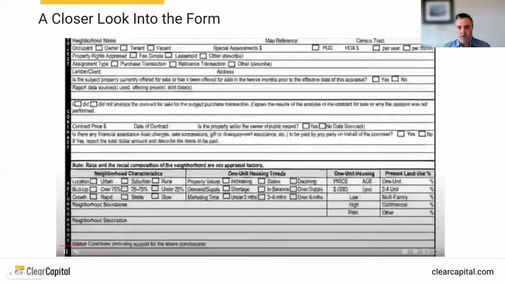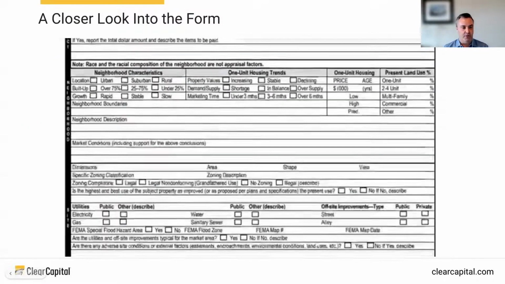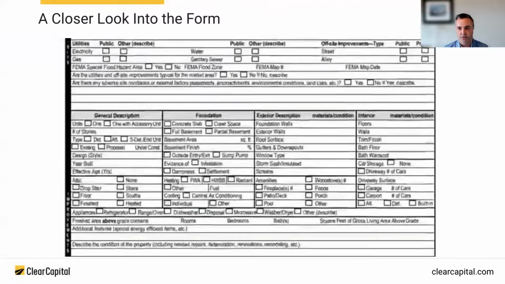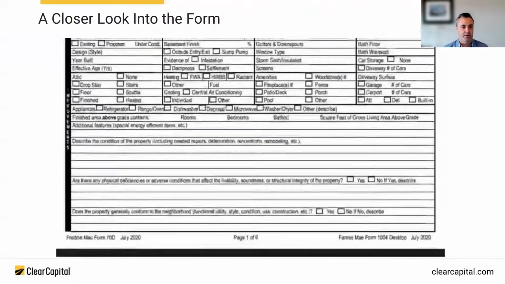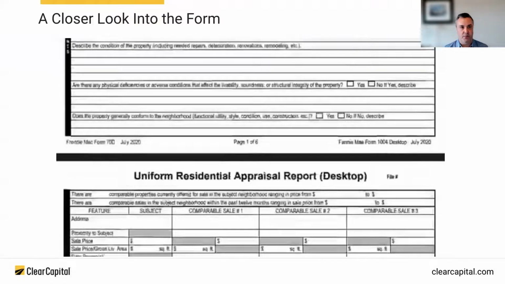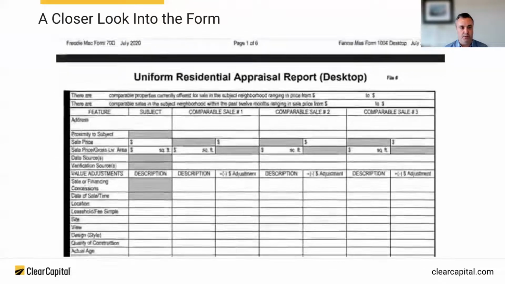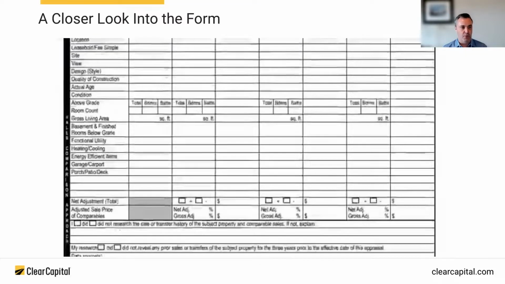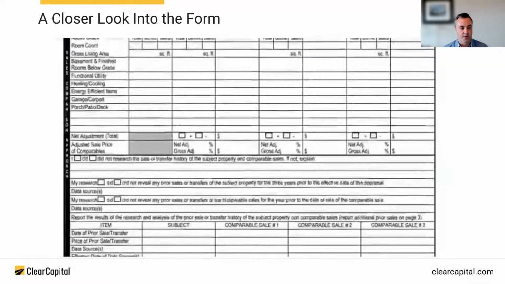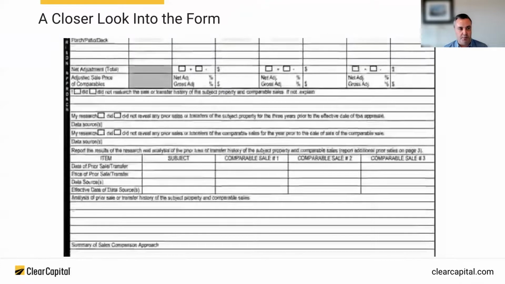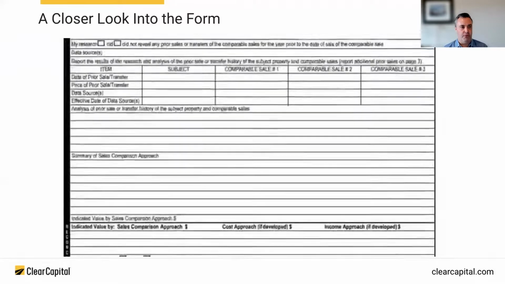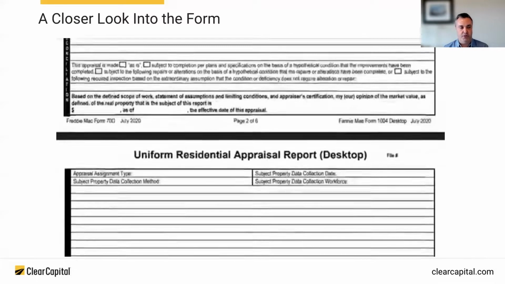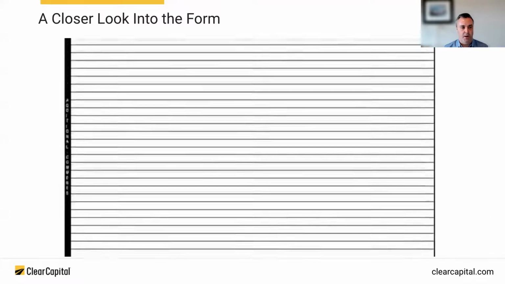We're just going to walk through the actual appraisal form, and this is going to scroll relatively quickly. This is the desktop form, and I really just wanted to show that you can all recognize that this is very similar to your traditional appraisal report, your traditional 1004. So far, no changes on the form as we're scrolling through. Same sales comparison approach, reconciliation section, all of that information is going to be the same.